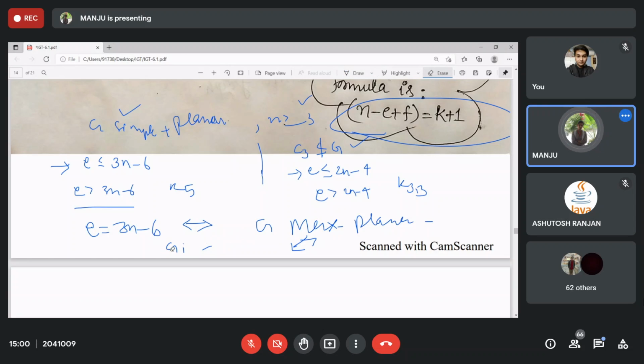Every face has length 3, that is, every face of G is isomorphic to C3. Clear? That means G has a triangulation. Clear? Whenever it is exactly equal to this one, it will be maximal planar.